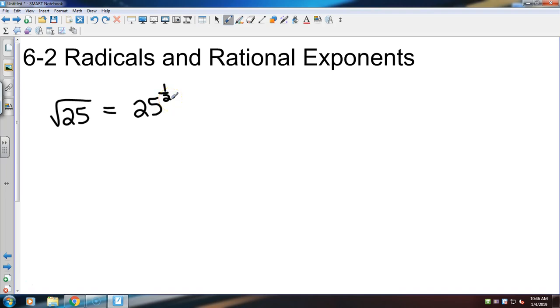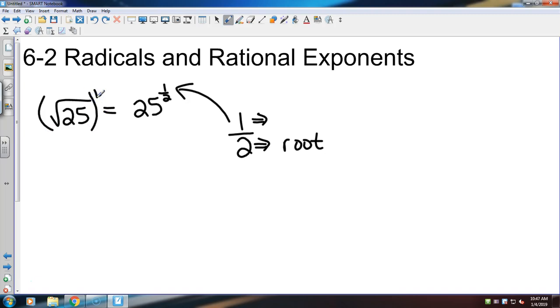Okay, so let's take this 1/2 and let's analyze it a little bit. Because we're taking the square root, the 2 is the root. And because square root of 25 is its own value, it's really being taken to the first power.